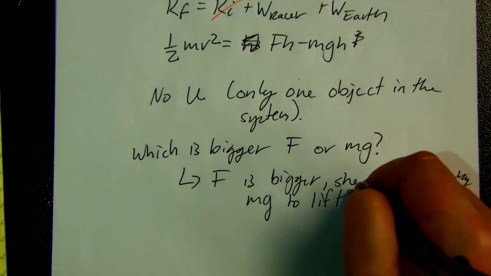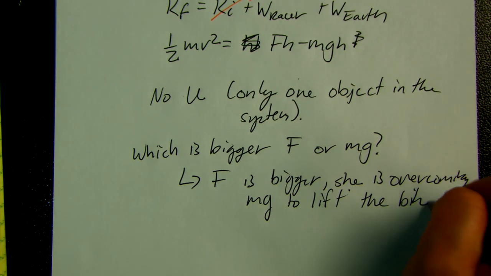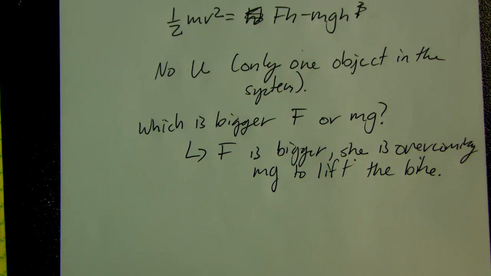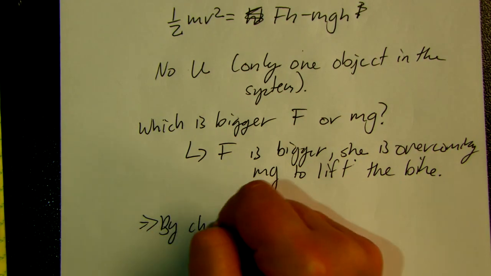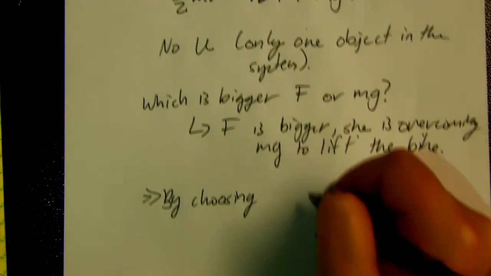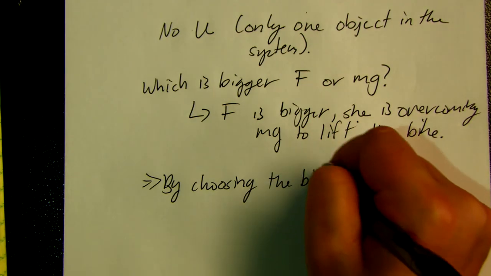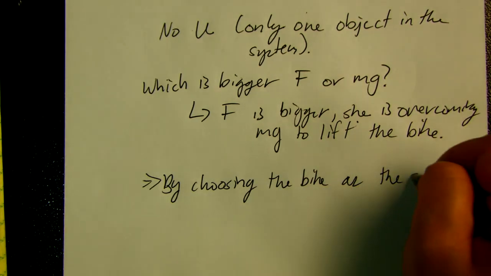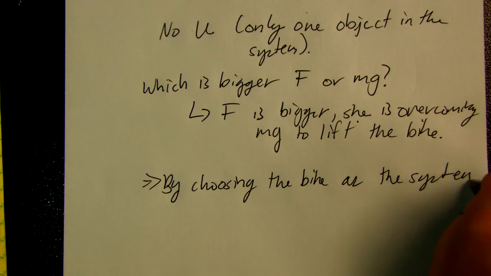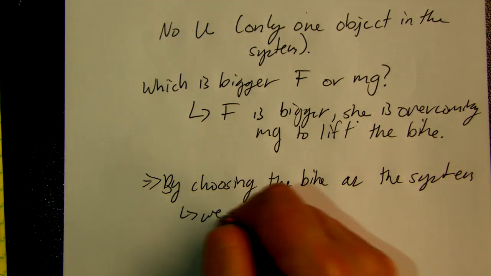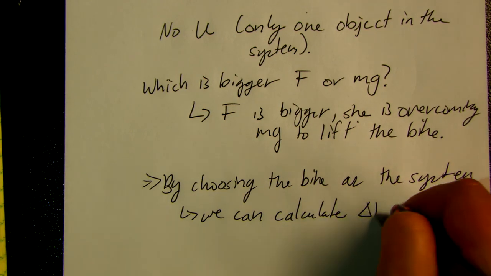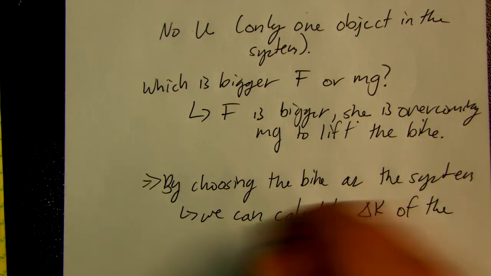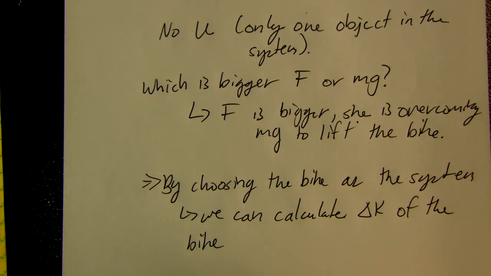By choosing the bike as the system, we can calculate delta K of the bike. So these are games you can play depending on what you're looking for.